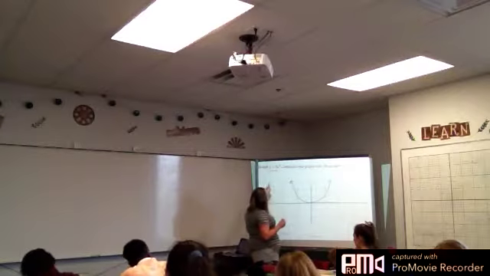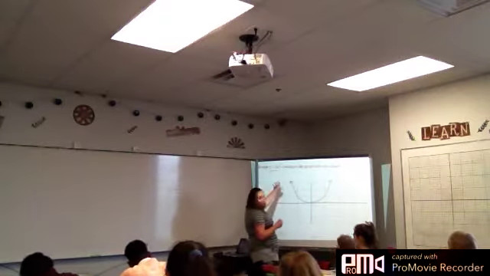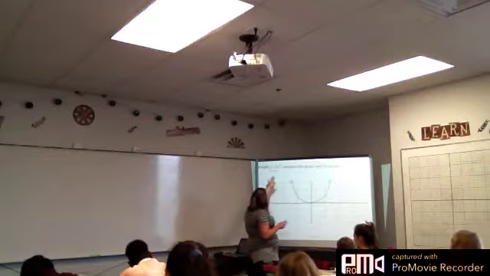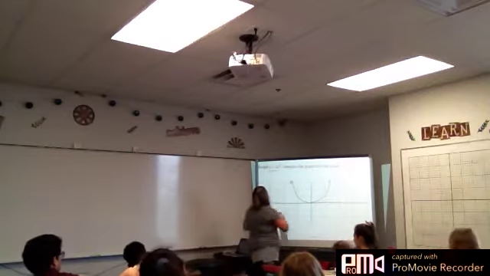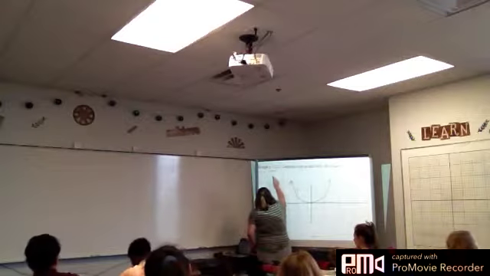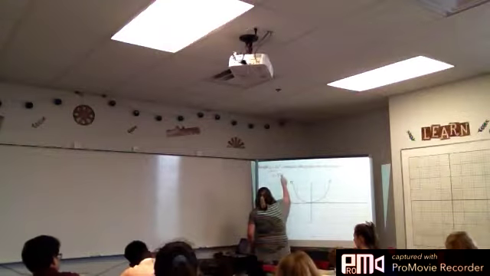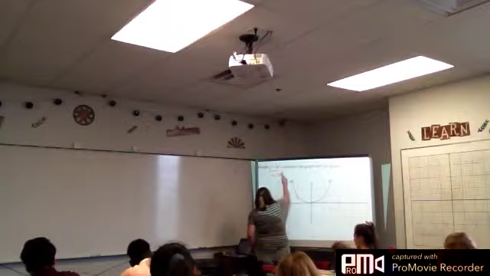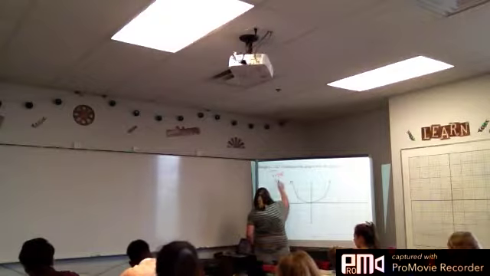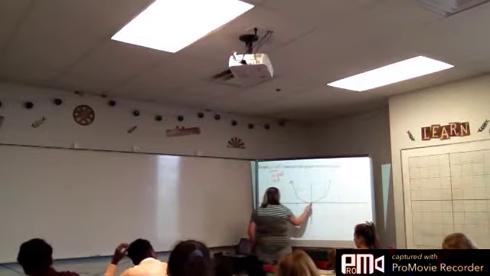I'm going to plug in 0, and I'm going to plug in 1. If I plug a 0 into this equation, what do I get out? 0. So my vertex is going to be 0, 0.